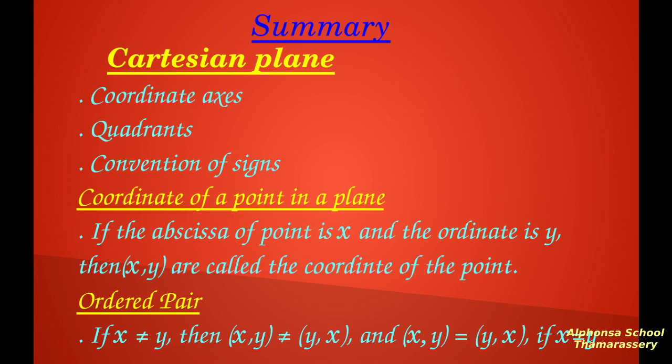Then we saw the coordinates of a point in a plane. If the abscissa of a point is x and the ordinate is y, then (x, y) are called the coordinates of the point. Next, ordered pair.